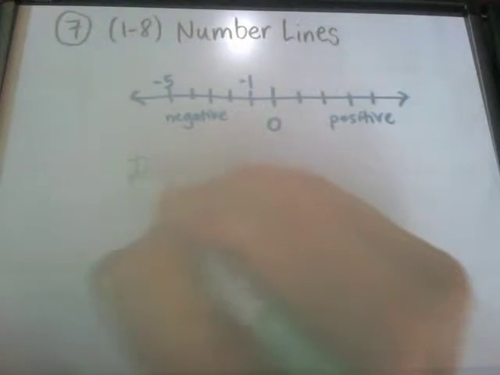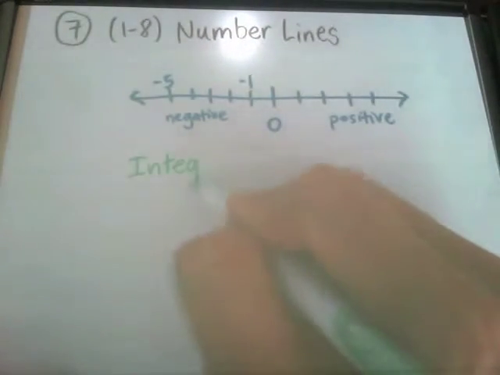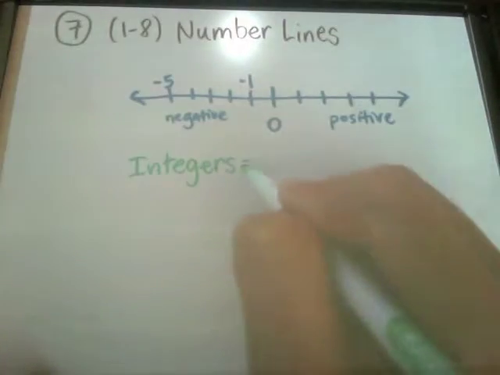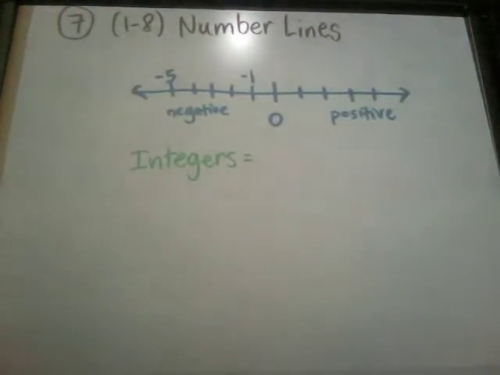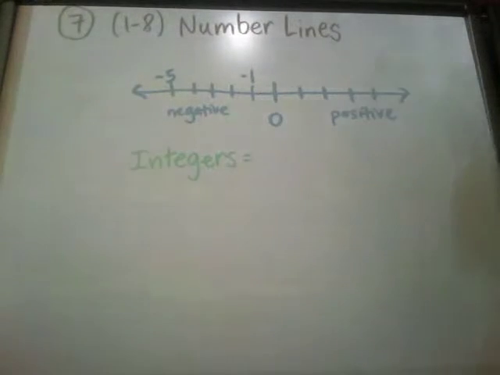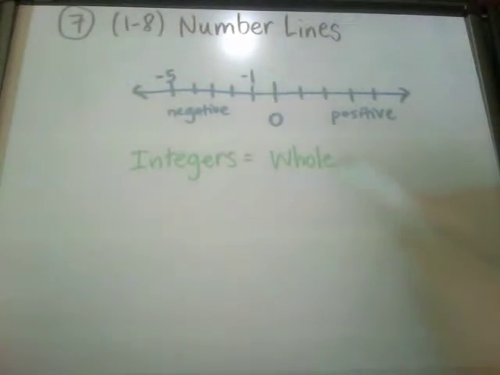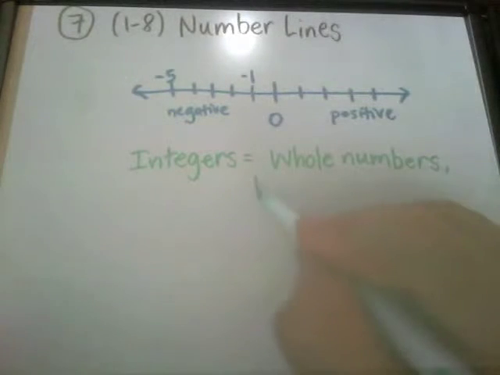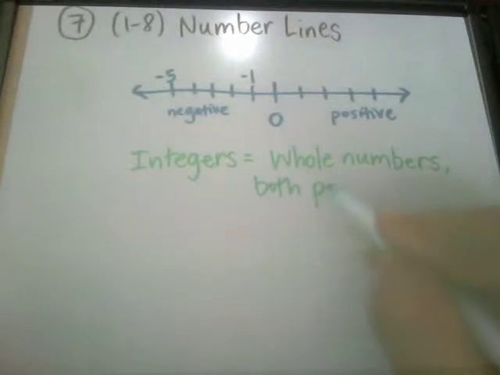Integers. When I talk about integers, anybody remember what an integer is? It's a specific kind of number. Luke? Good. An integer is a whole number, not a fraction, not a decimal. Whole numbers, both positive and negative.